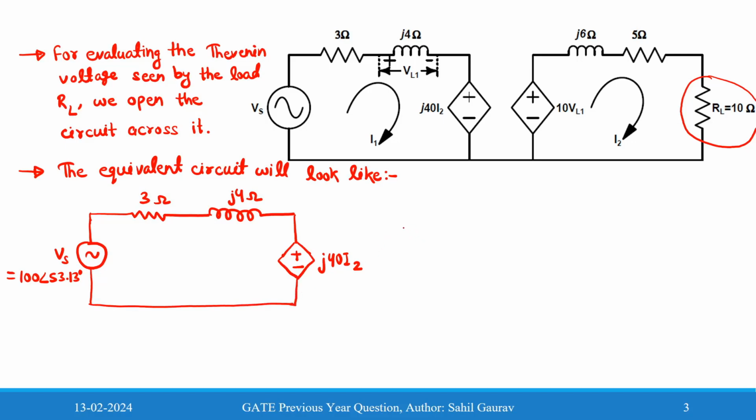and on this side also a voltage dependent voltage source, which is 10 VL1, and an inductive reactance of J6 ohm, and a resistance of 5 ohm.